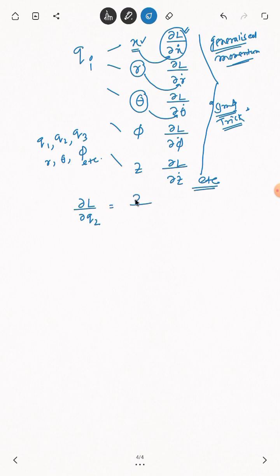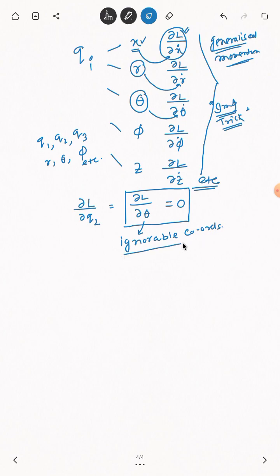If we take del L by del theta and this quantity becomes 0, then this theta is called an ignorable coordinate. Remember this term very well. Ignorable coordinate means that if we take the derivative of the Lagrangian L with respect to that coordinate, it must be 0.